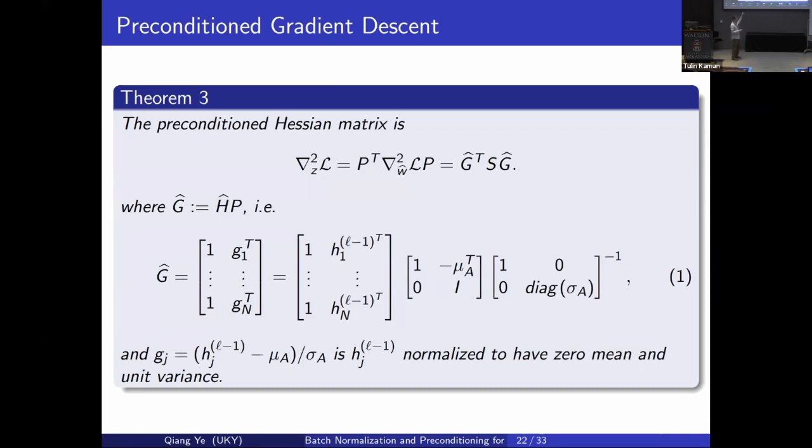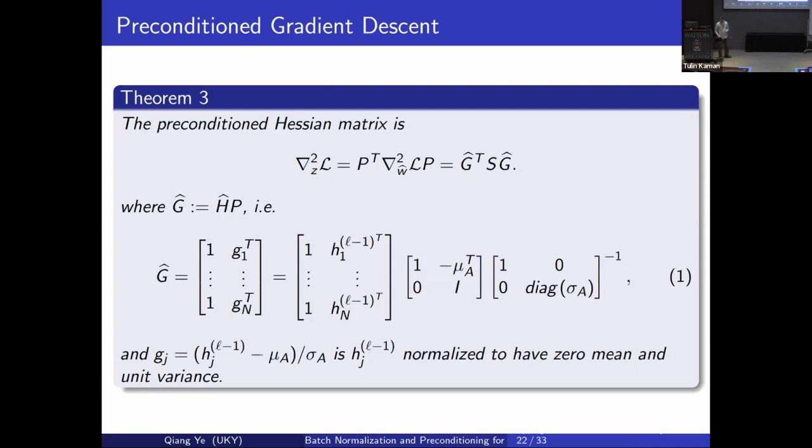G hat has the same structure, with ones and then G1 to Gn, obtained by multiplying those matrices together. With some algebra, you'll find that Gj is just the normalization of Hj: you subtract each hj by its mean and divide by the standard deviations.